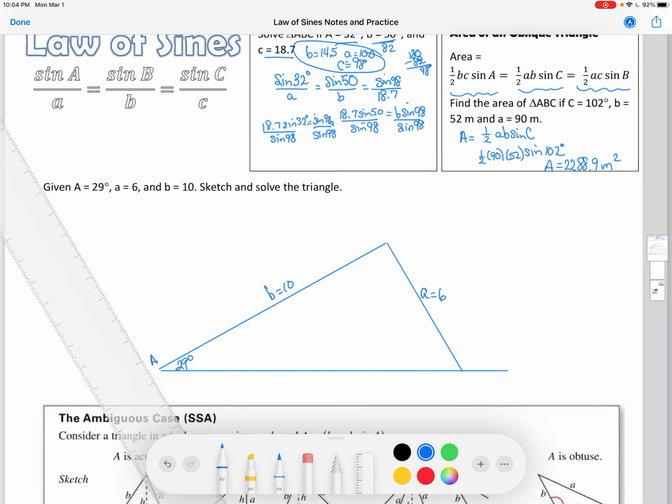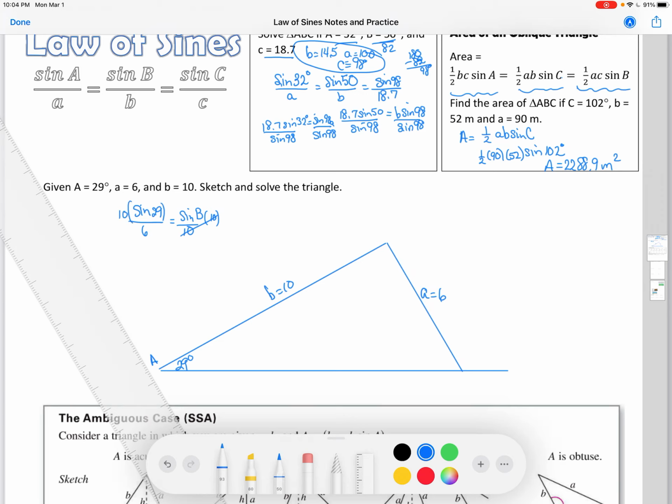That means that we know the sine of 29 over side A, angle A over side A, should be equal to the sine of angle B over side B. So now when we are trying to solve for the sine of B, we can simply multiply both sides by 10.